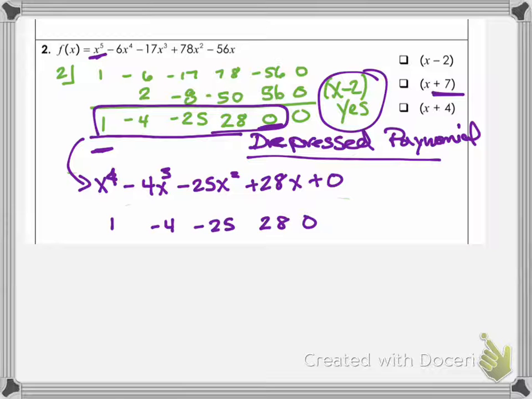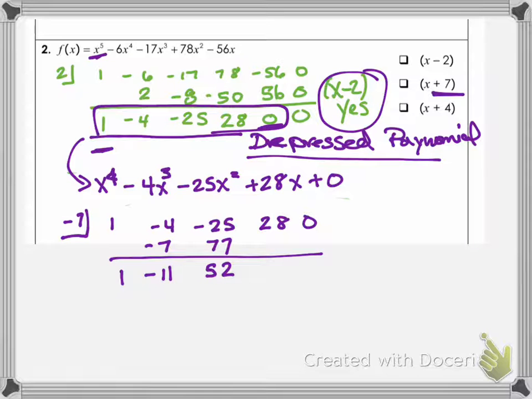So we're going to take a -7, and that would be 1, -7, that'd be -11, that'd be 77. And let's see, 77 minus 25 is 52. And 52 times 7 is 364, -364.